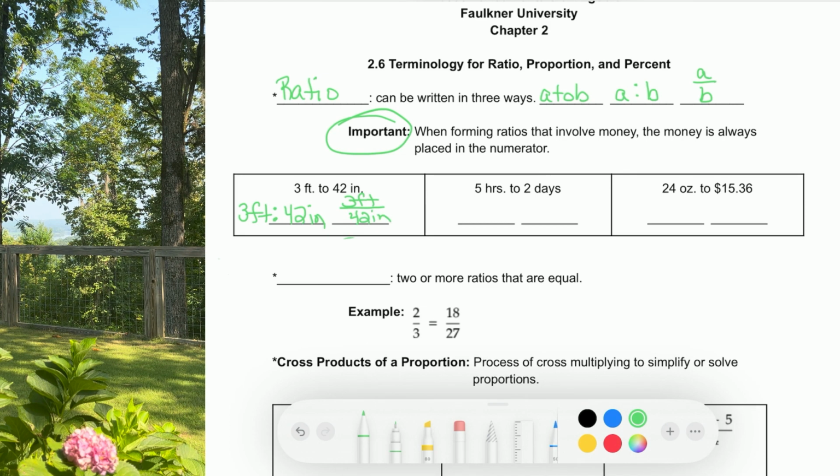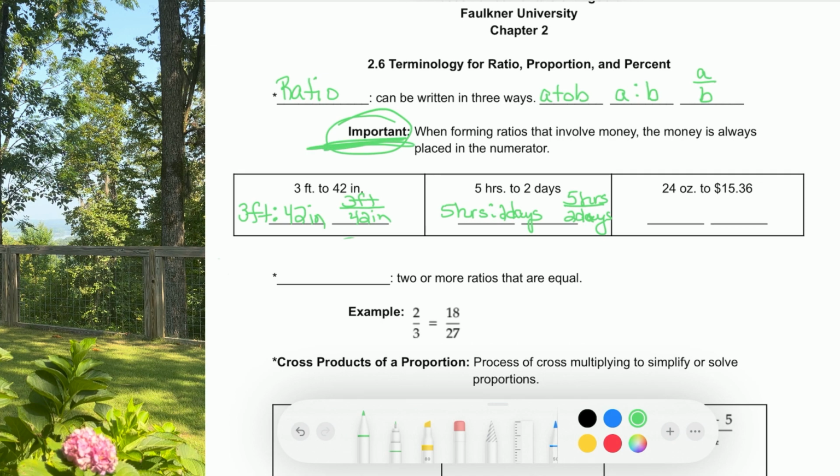And we would read these the same way, 3 feet to 42 inches. Our next one is 5 hours : 2 days. Or we could have 5 hours over 2 days in fraction form. We will be using this form the most.